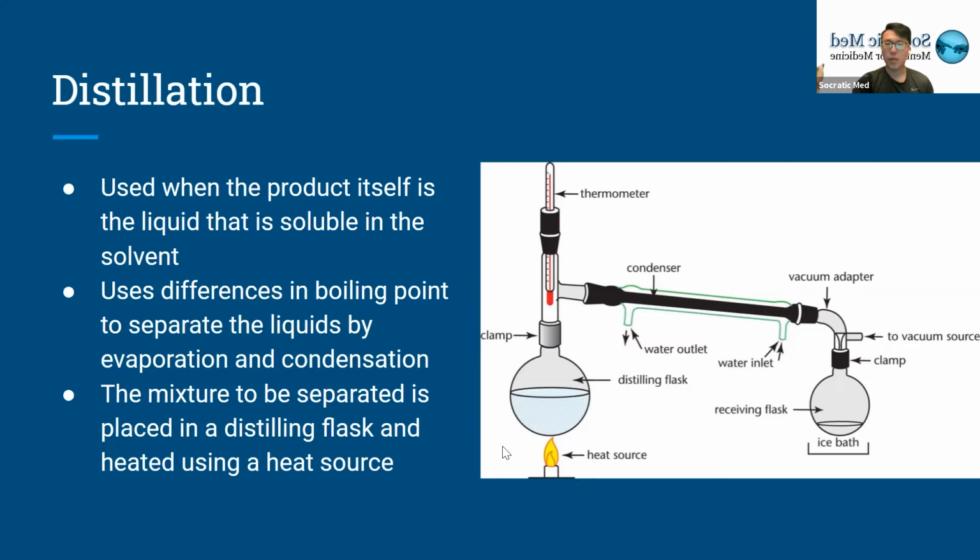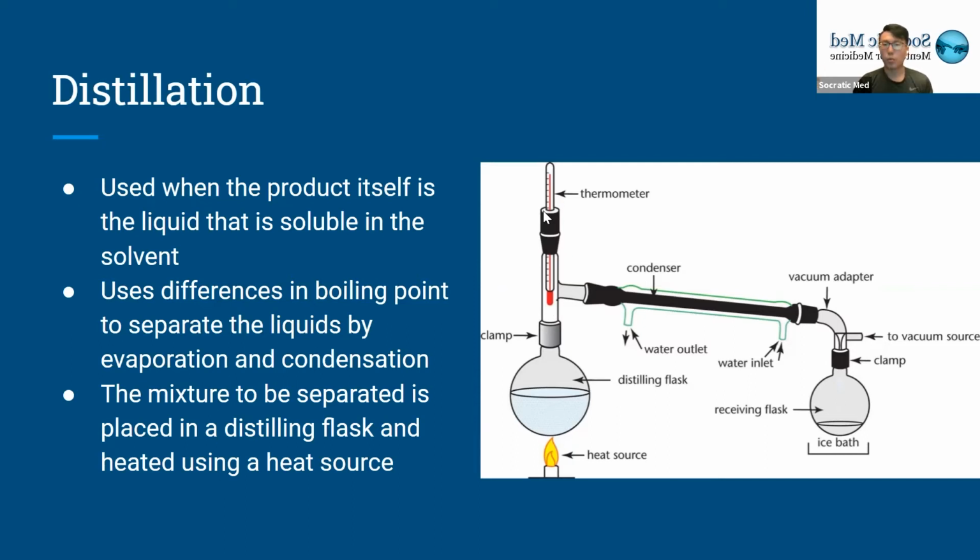You have a heat source on the bottom that heats up the flask and boils the solution. And there will be a thermometer attached because you want to monitor the temperature. When you're separating the two liquids, you will have to know the boiling points of the liquids that are in the distilling flask.